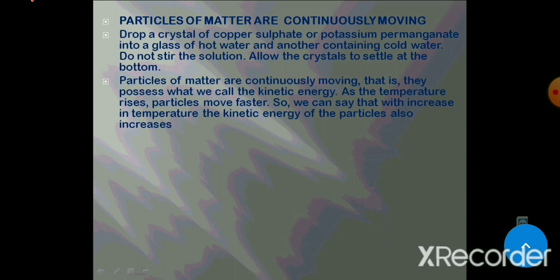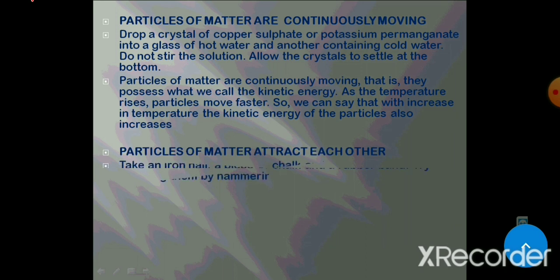We also saw that this movement of particles depends on temperature. As we increase the temperature, the kinetic energy of the particles will increase. And what depends on the kinetic energy of the particles? That means what depends on the movement of the particles? Of course, the diffusion. So, as we increase the temperature, the rate of diffusion will also become faster.